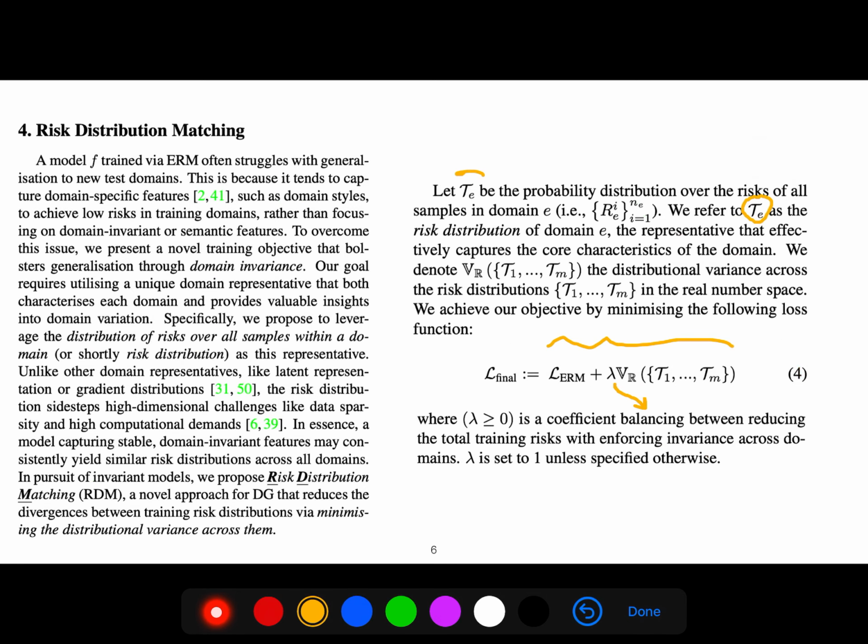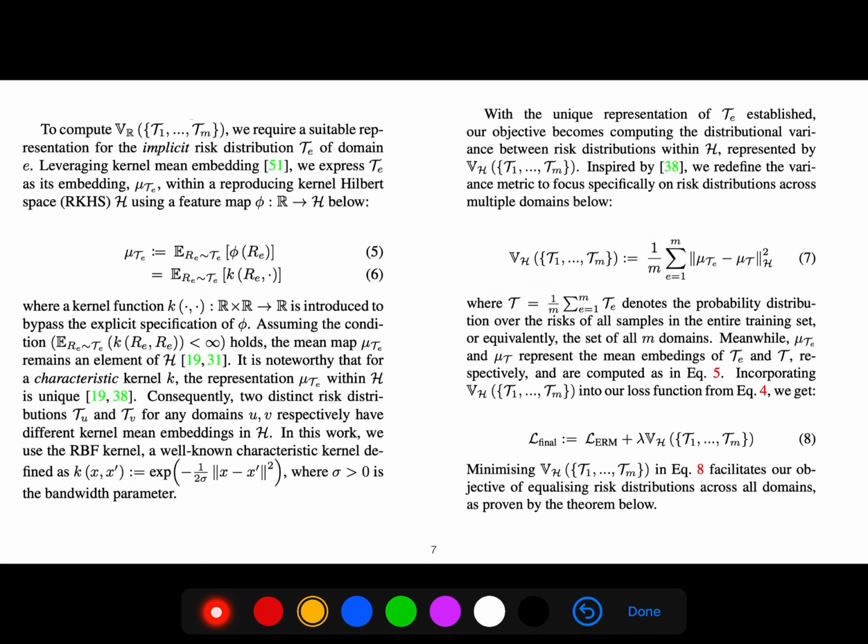To compute this V sub R, which is distributional invariance across the risk distributions, we require a suitable representation for the implicit risk distribution. Leveraging kernel mean embedding, we express tau as its embedding.